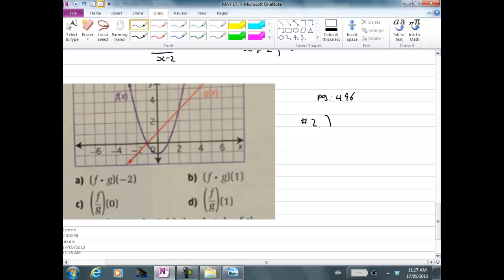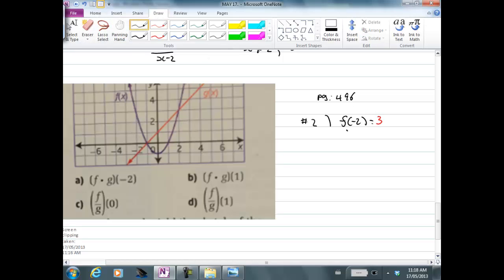And if you did this right, let's start with f of negative 2 first. What's f of negative 2? Follow my hand. 3. It's the blue one. Okay. So that is 3.